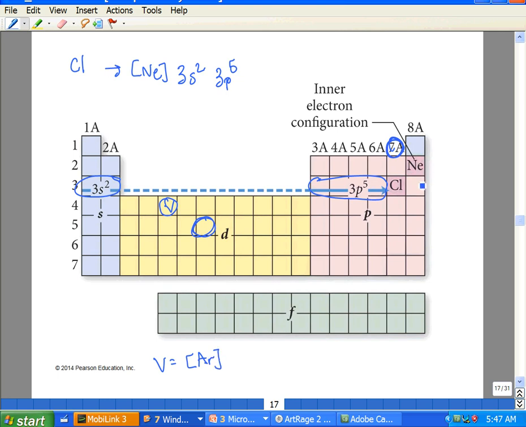Because for the ones in the transition series, we don't have numbers above them, so we're going to count ourselves. And you see it's 10, so it's 10 total electrons that it occupies in the D block. It's 6 over here, 1, 2, 3, 4, 5, 6. And it's 2 right here. Corresponds exactly to our orbitals.